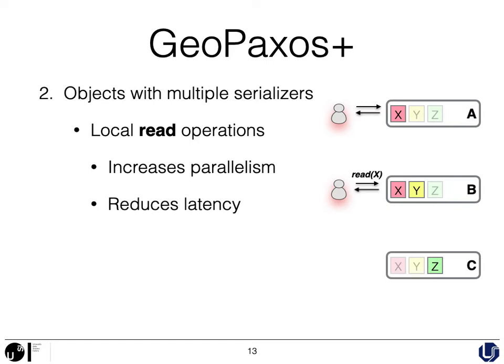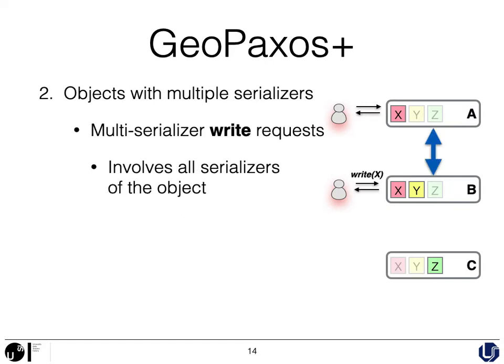This increases parallelism and reduces latency. On the other hand, the price you have to pay is that a write operation is always a multi-serialized request. This means that we have to involve all the serializers for this specific object in order to define the final timestamp of a write operation.